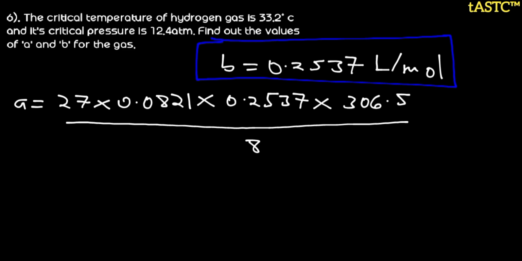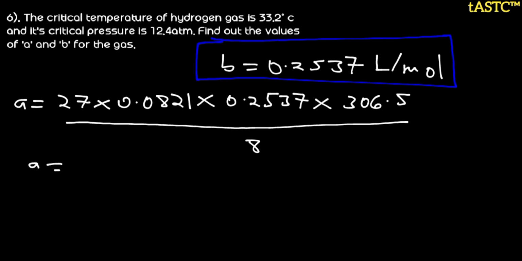So let us find out. That is 27 multiplied by 0.0821 multiplied by 0.2537 multiplied by 306.5. This is divided by 8. So we have 21.54606.